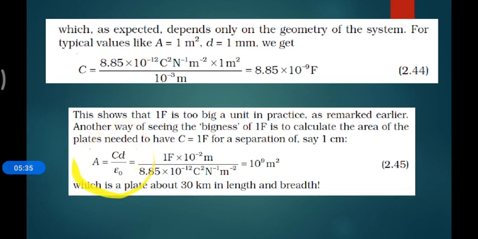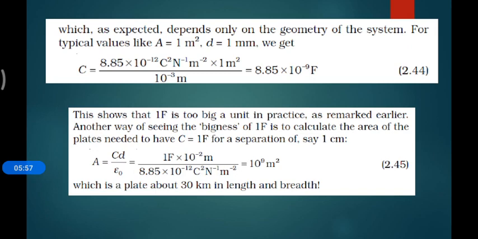This need not be explained for the 12th standard student. Obviously C is 1 Farad, D we know, epsilon 0 we know, and it comes to approximately 10 to the power 9 meter square, which is approximately 30 kilometer. Let me explain.